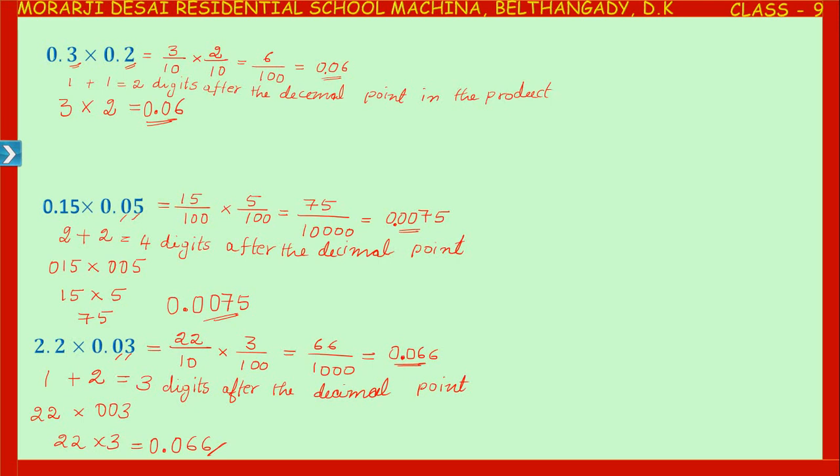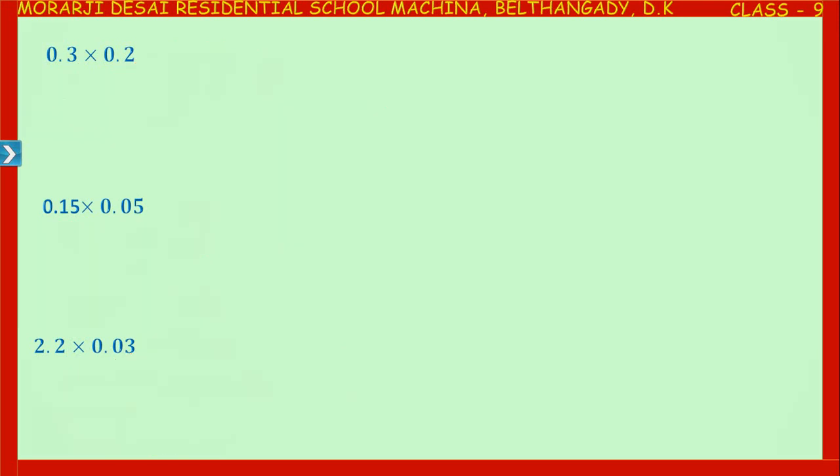Let us apply this method to multiply the decimals. That is 1.3 into 0.1. Now while multiplying, remove the decimal point.